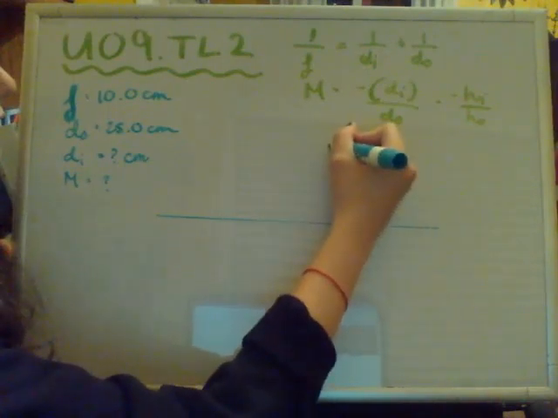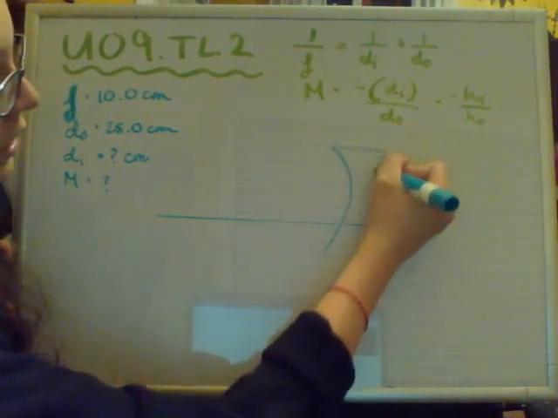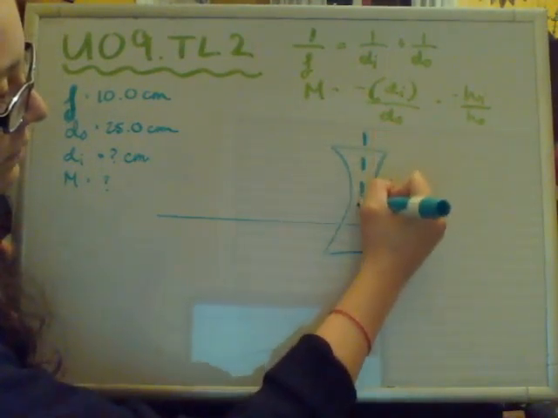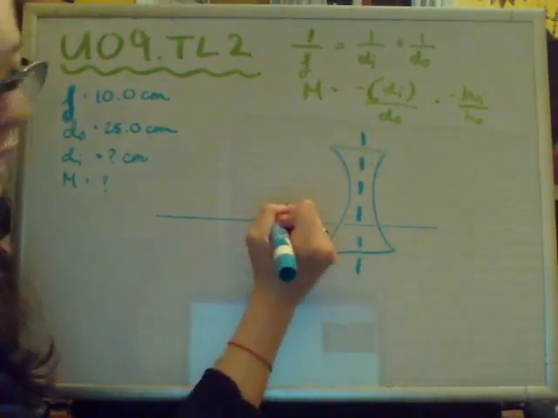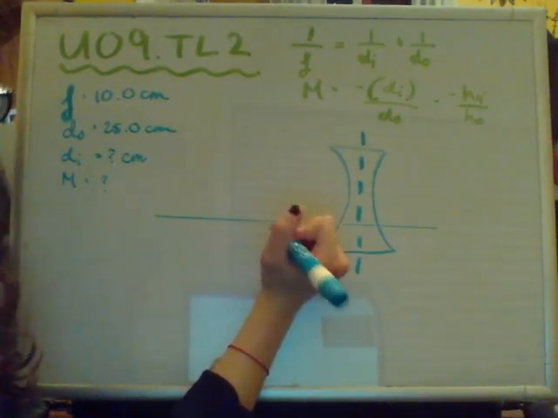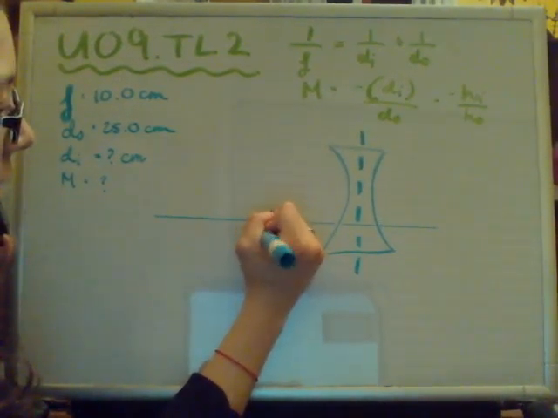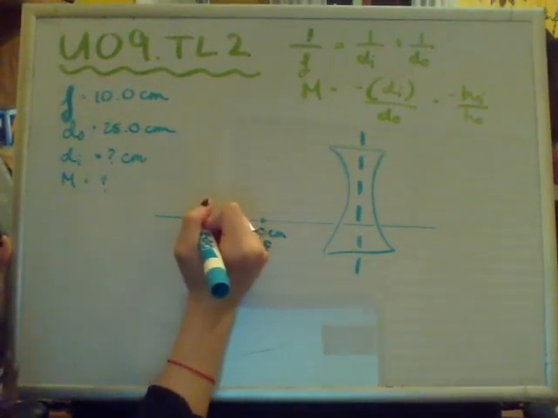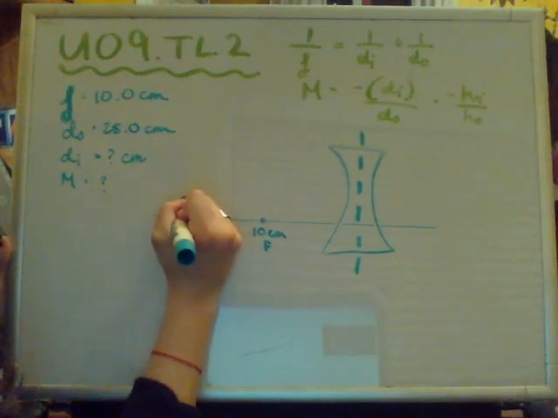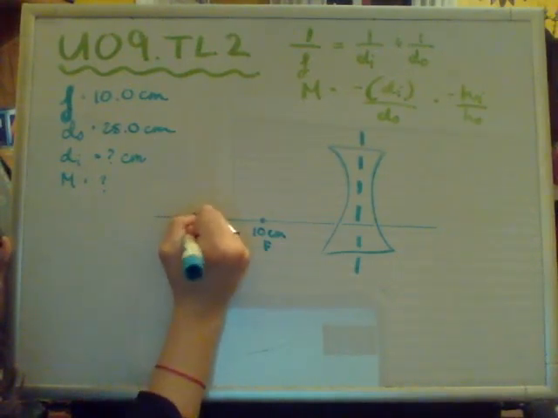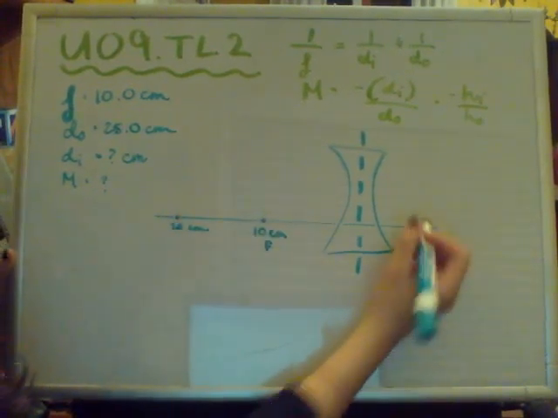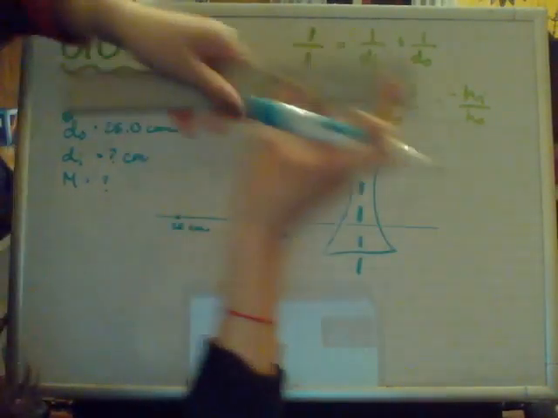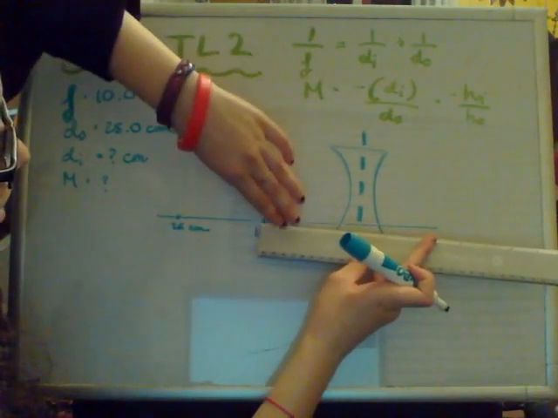So it goes like this, and then we're going to have a dotted line straight through it. And then you're going to have the focal length, which is over here, and that's going to be 10 centimeters. And then you're going to have the object over here, which is 25 centimeters. And then you have 2f, which should be an equal distance.